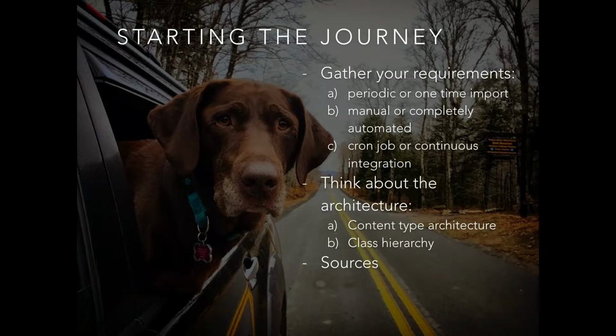And think about your class hierarchy, and I'm talking about object-oriented class hierarchy. So do you need base classes? Do you need an abstract class you're going to extend? Or do you want to use some Drupal-provided interfaces or traits? Think about that. Think about how many children classes you might want.